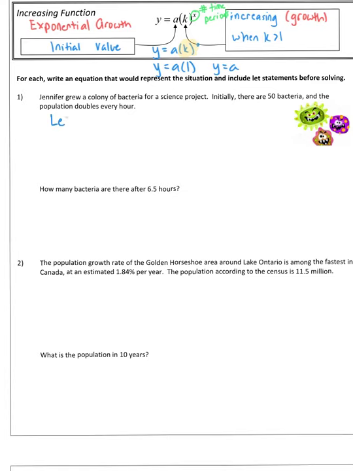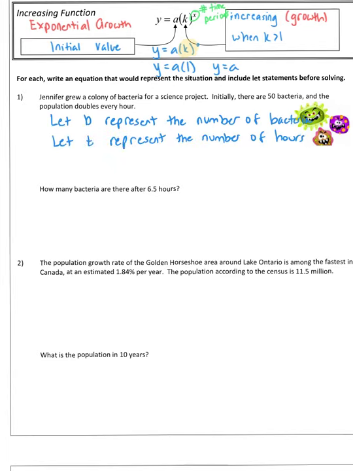So let B represent the number of bacteria. And then we also have the variable of time. So let T represent the number of hours. I didn't use the letters x and y, I used B and T, but it is good to keep in mind which one I replaced for x and which one I replaced for y.